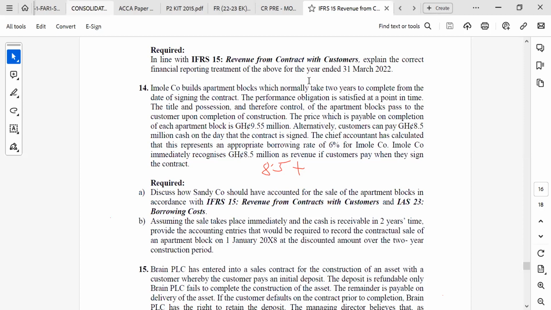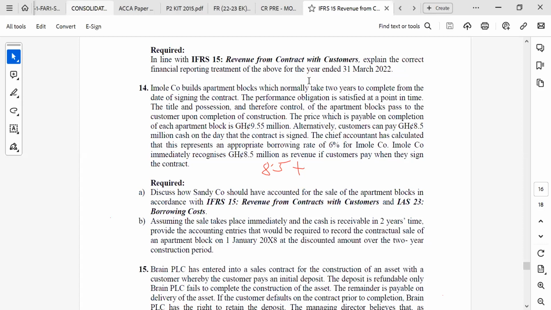If the contract is signed and the customer has not paid the 8.5, what will be the entry? The company can only recognize revenue if the blocks or the apartments have been transferred to the customer. That will be in 2 years' time. Okay, that is the explanation to that one.